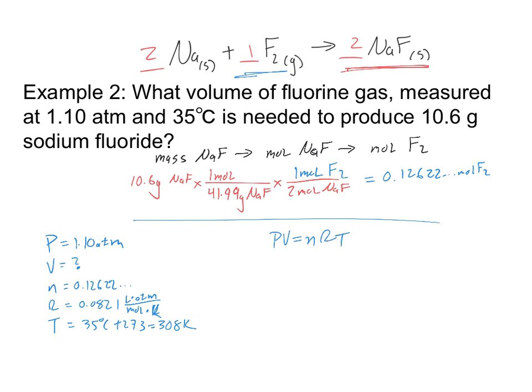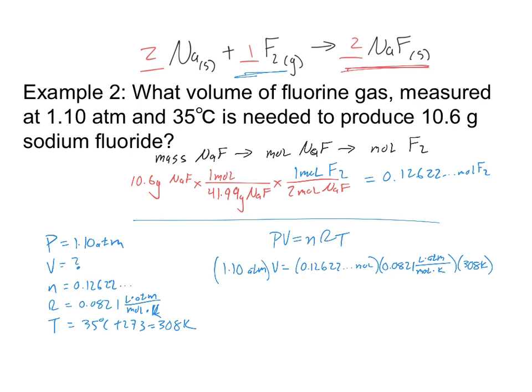So what I'm going to do is fill in what I know. I know that pressure is 1.10 atm. We're solving for volume. We know that the number of moles is 0.12622... moles. We know that R is 0.0821 liters atm per mole per Kelvin, and we know that the temperature is 308 Kelvin.